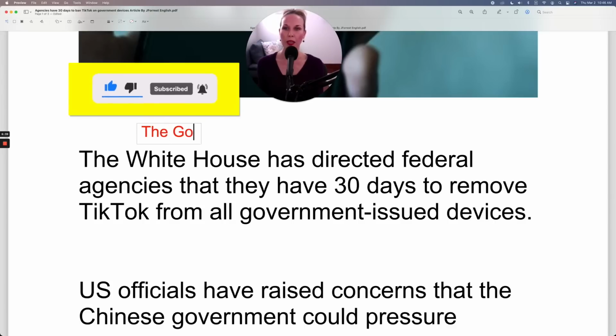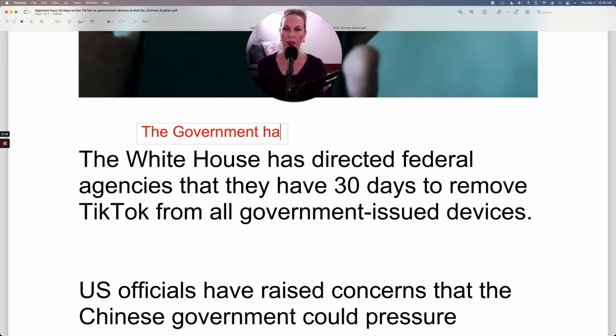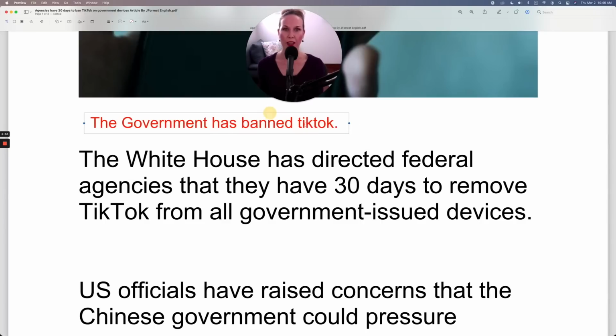The government has banned TikTok. Notice here that I used which verb tense? I used the present perfect verb tense. Let me see if I can put this in capitals and if it will correct the spelling. It likes that. It likes it in capitals.